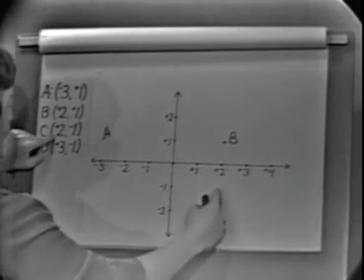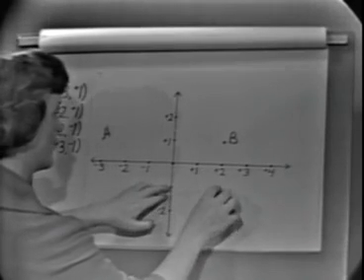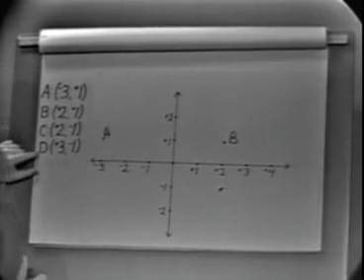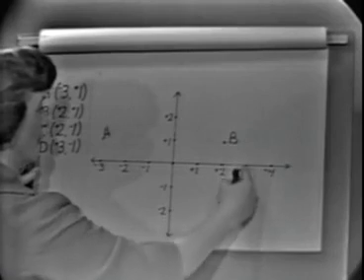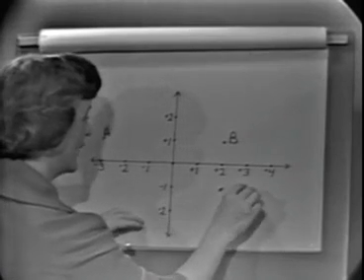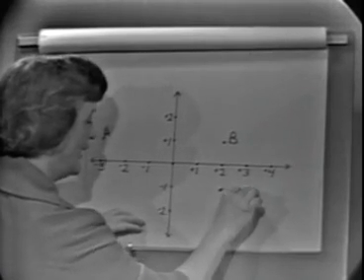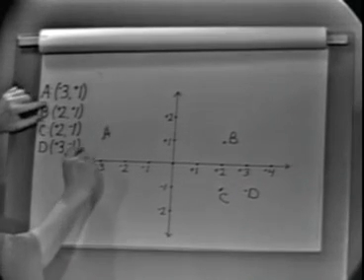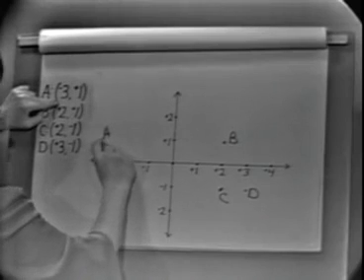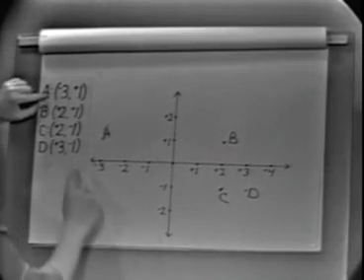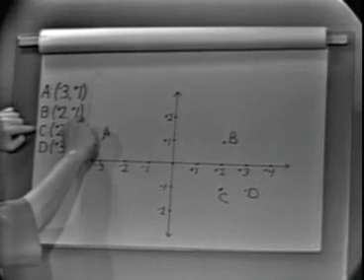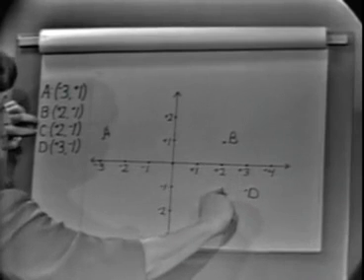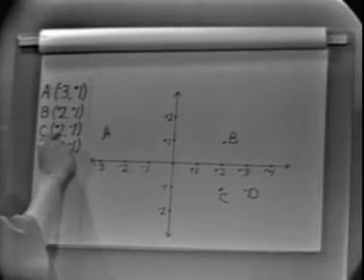A vertical through 2, a horizontal through a negative 1. And D, 3, a negative 1. A vertical through 3, a horizontal through a negative 1. We locate D. Now, we note that points on the same horizontal have the same second coordinate. Also, points on the same vertical have the same first coordinate.